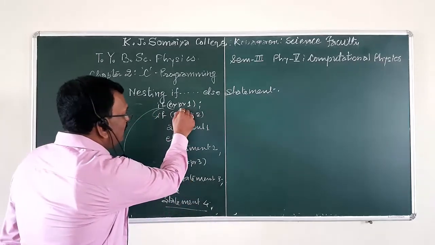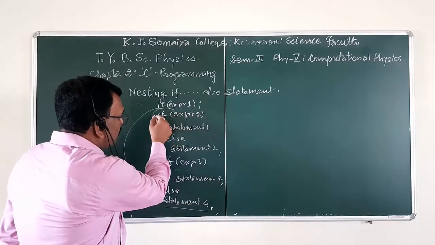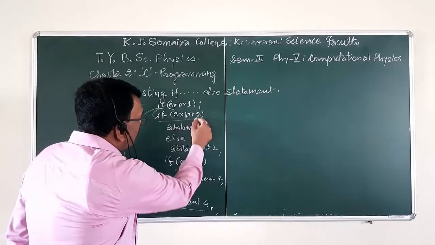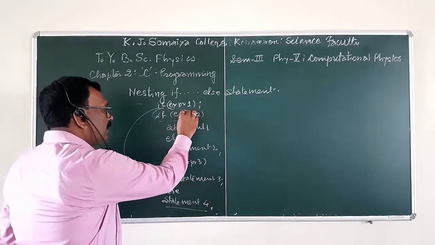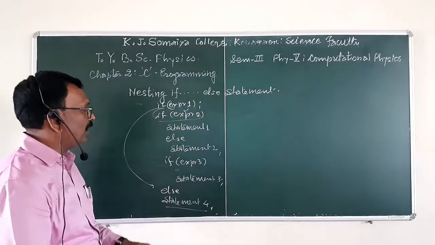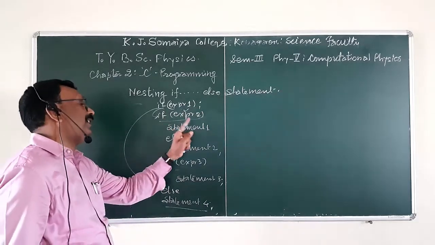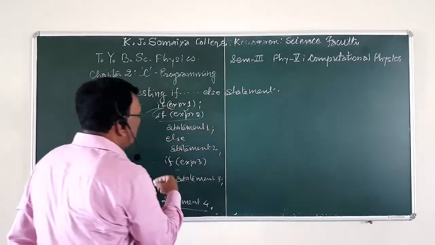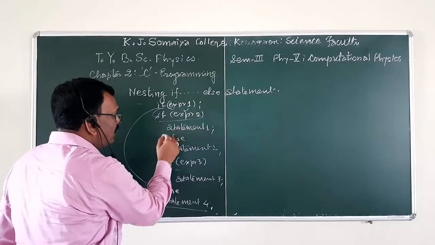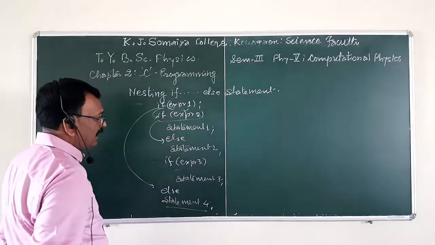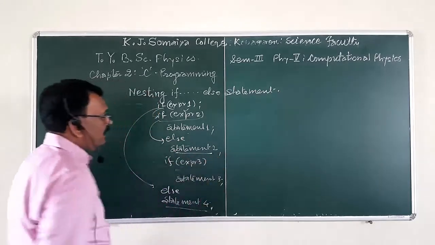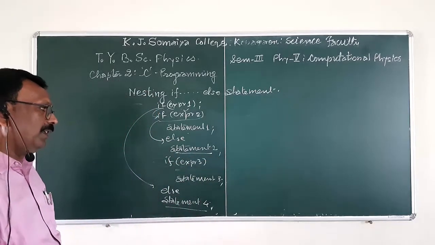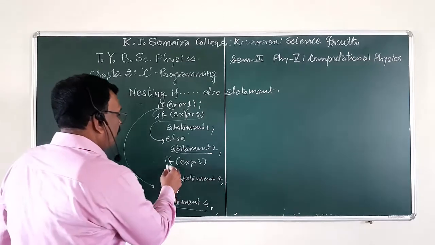When the condition is true, control comes here and checks the inner statement. When the expression of the inner if statement is true, then statement 1 is executed, and when the condition is false, then control comes to the else and executes statement 2.